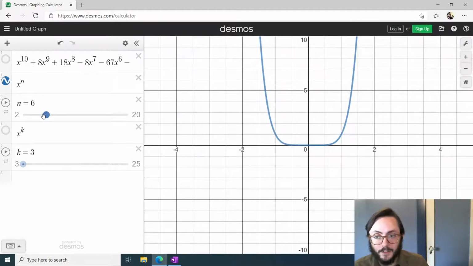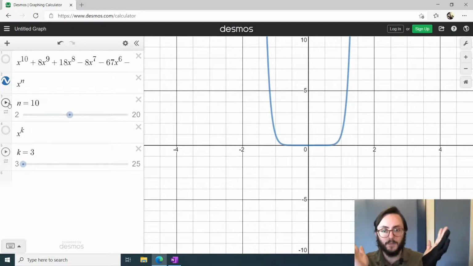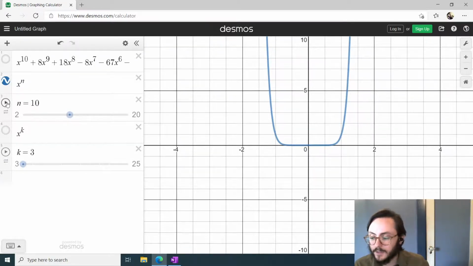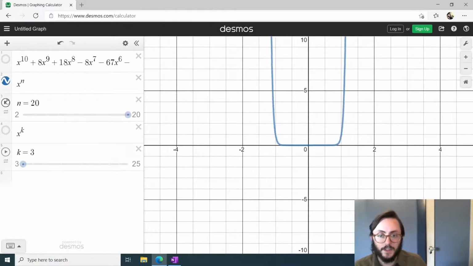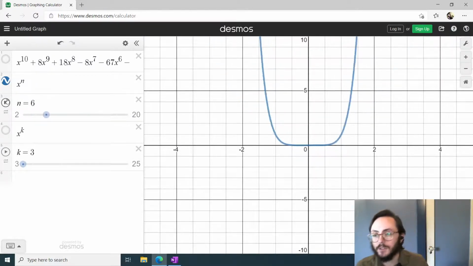Now the 6th, the 8th, the 10th. Notice it's getting flatter and flatter, or sharper: it comes down at a steeper angle, or would go up if it was on the other side, and it's flatter next to the axis. But it's always that bowl shape. It's just touching the root.